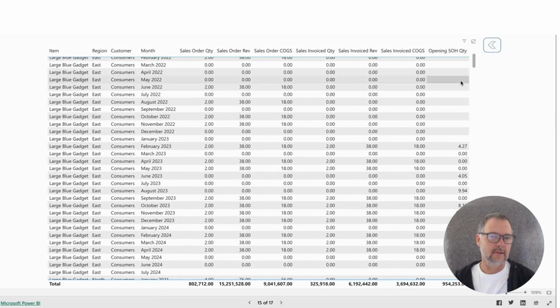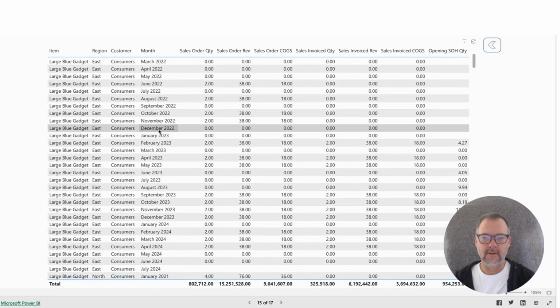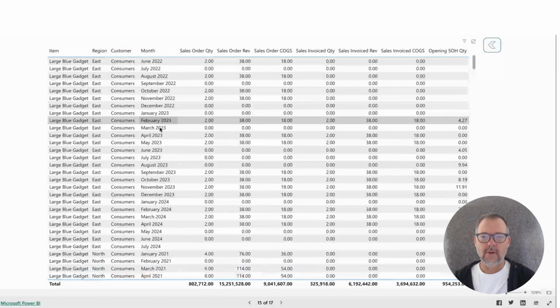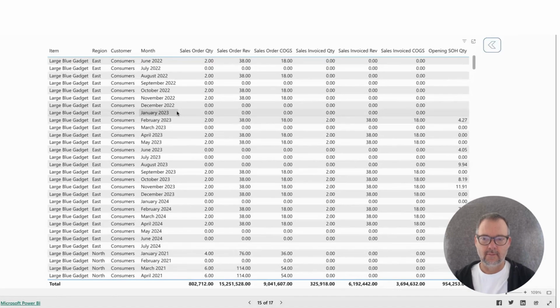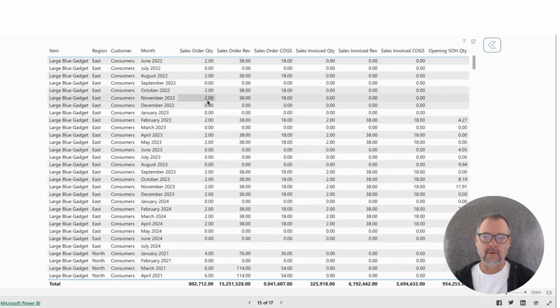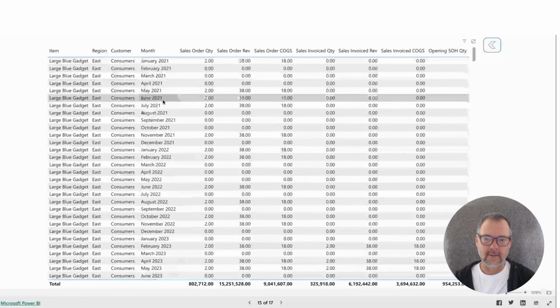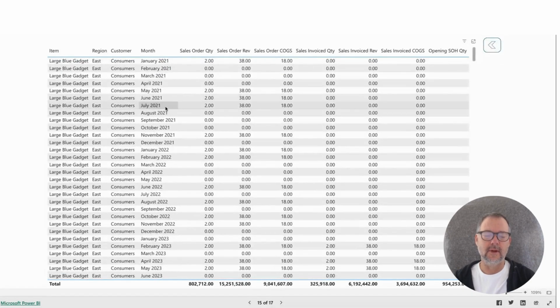Now, you'll see that there's a lot of blanks here and a whole bunch of zeros. The reason for that is over here in the dates. We only need to know about stock on hand and invoiced sales from February 2023 onwards. The reason you've got the sales order quantities going further back into 2022 and 2021 is because we use that for doing our forecasts.